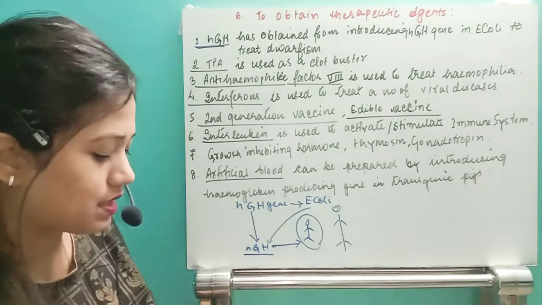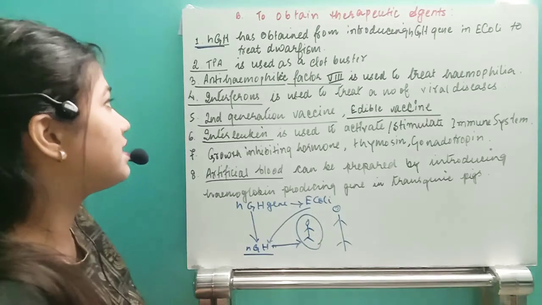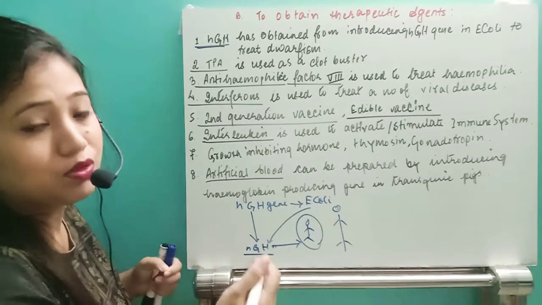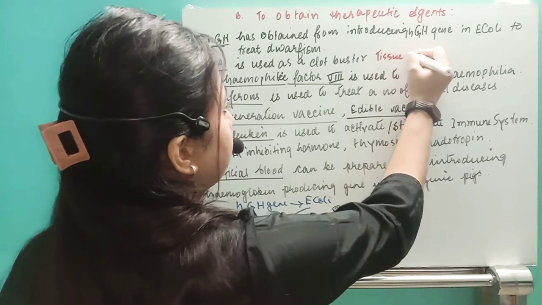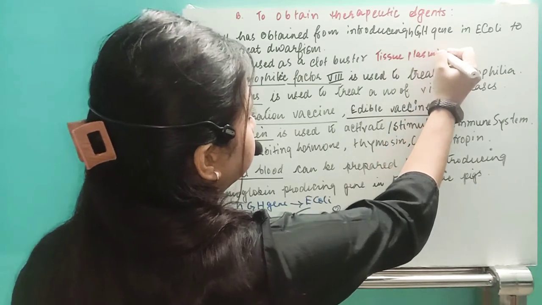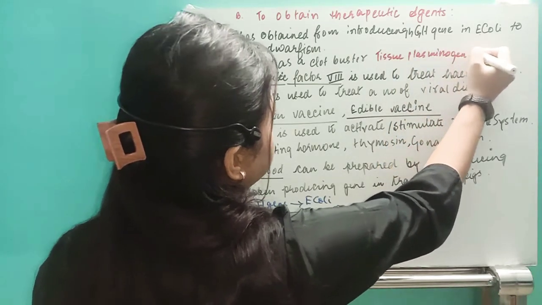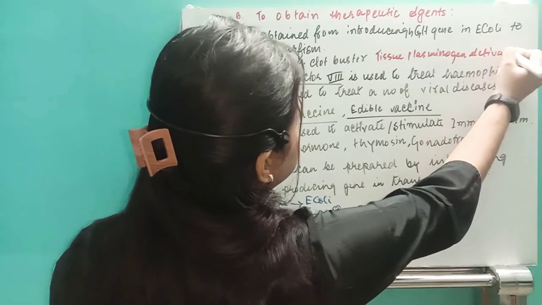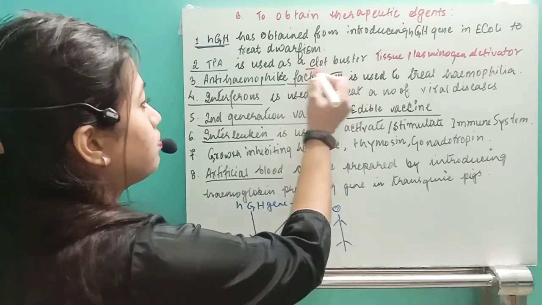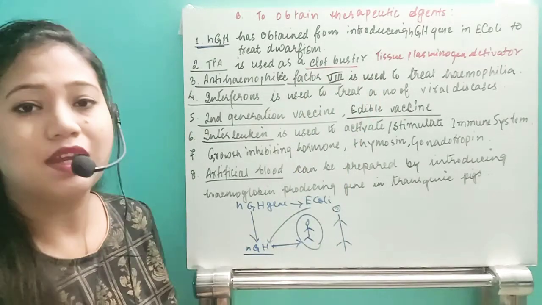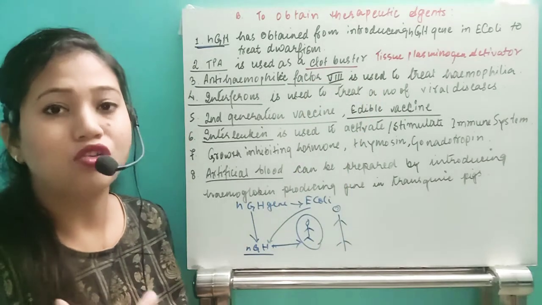The next one, that is TPA. TPA stands for tissue plasminogen activator. See, this is important. This tissue plasminogen activator is used as a clot buster. Suppose some people are having high pressure or stroke.